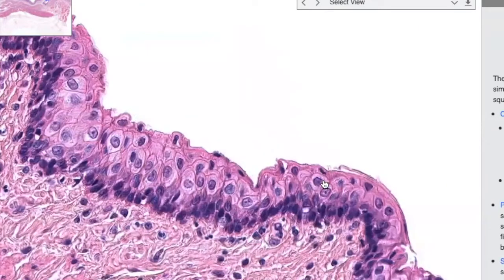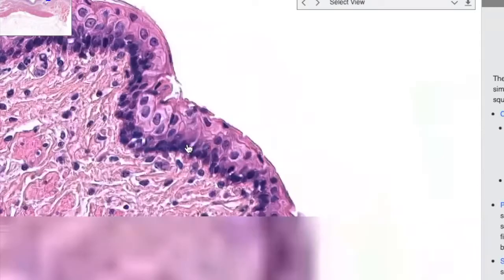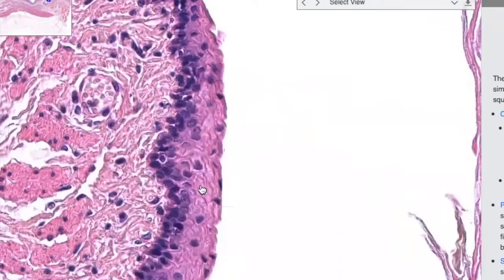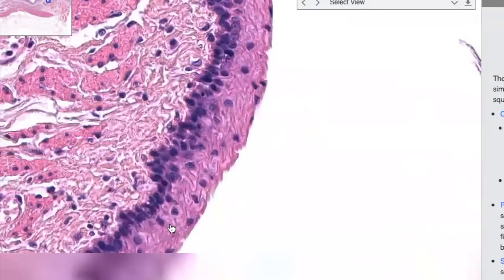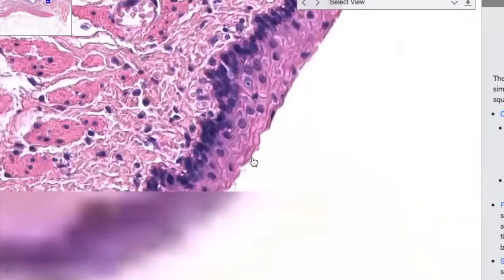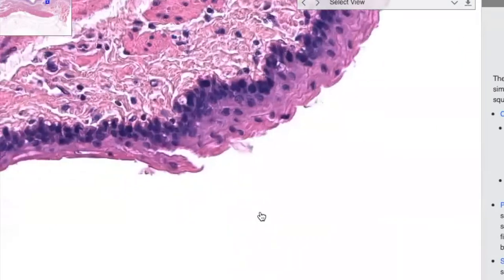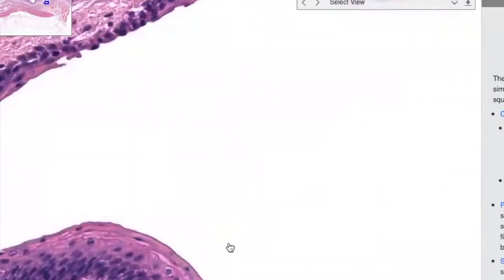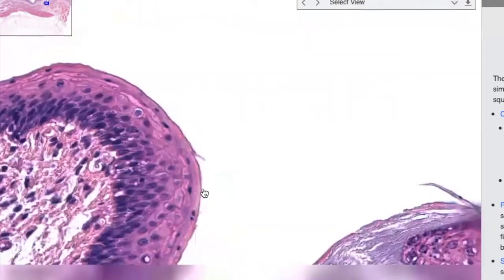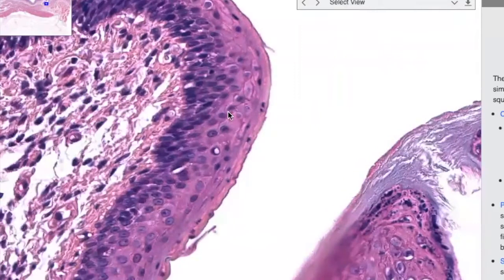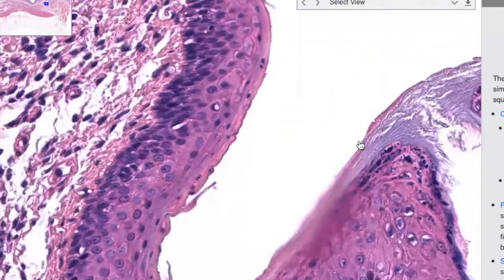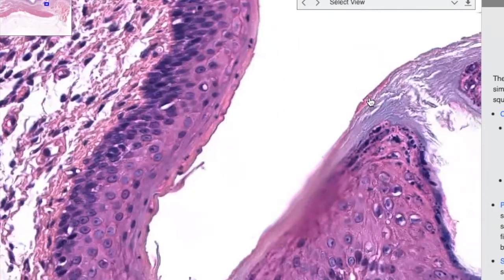It looks a little bit more like that transitional, but over here, as you move along here, you'll start to see it look more like your typical stratified squamous. As it goes closer toward the surface to the outer layer, and then you're going to see this transition from a stratified squamous wet into a dry as it moves out into the skin right there.